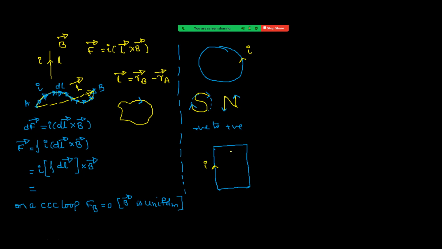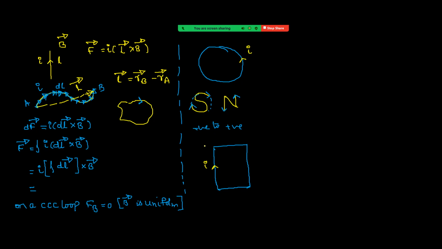It is clockwise. So this face is now clockwise means south pole. Behind is north pole. So magnetic dipole moment, it is into the board because south to north, right? Into the board.